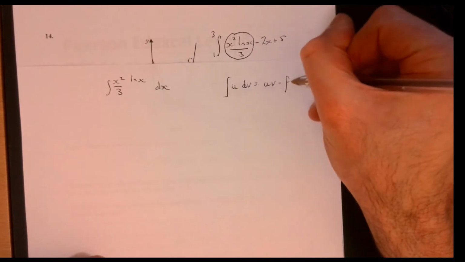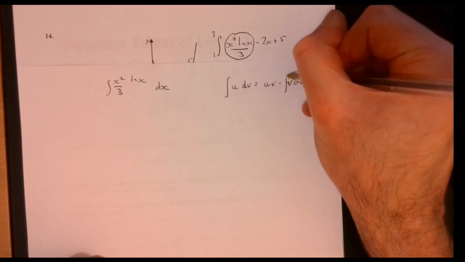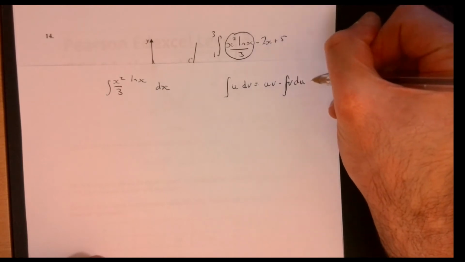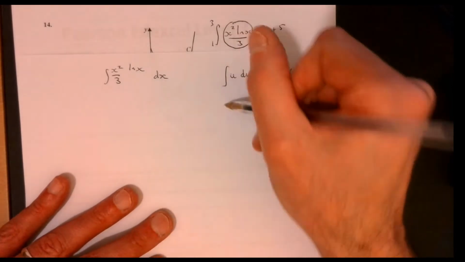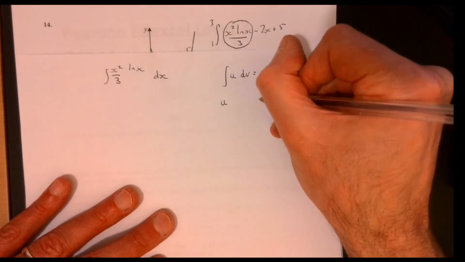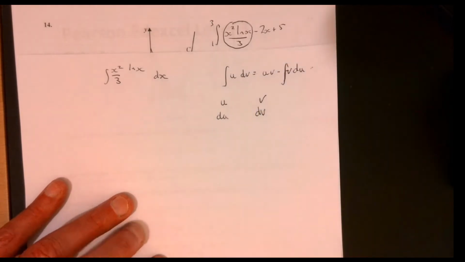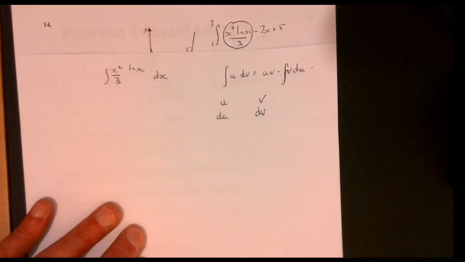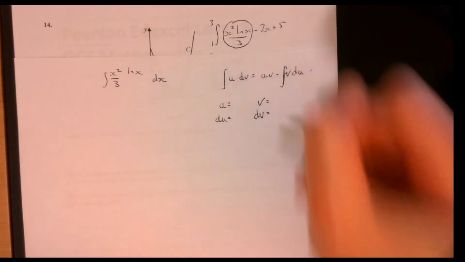Try and have the formulae book with you when you go through questions. Right, let's work out what's what. So we've got u, v, du, dv. We've got two things multiplied together, and you need to try and decide which one's going to be which.